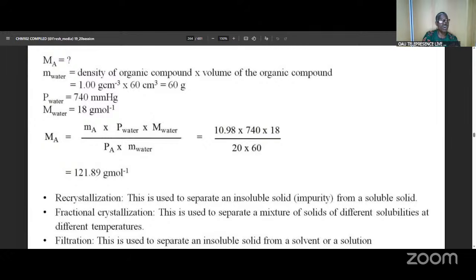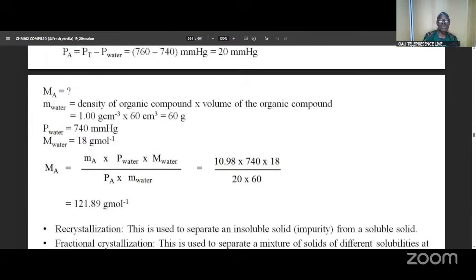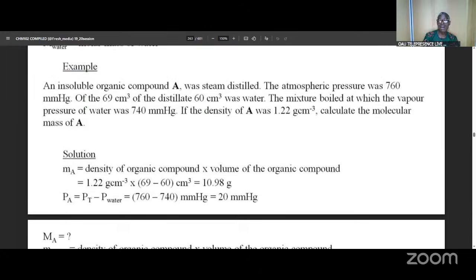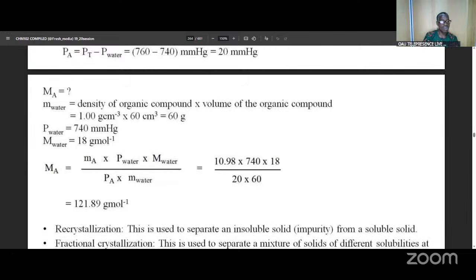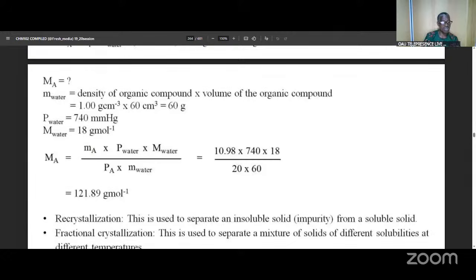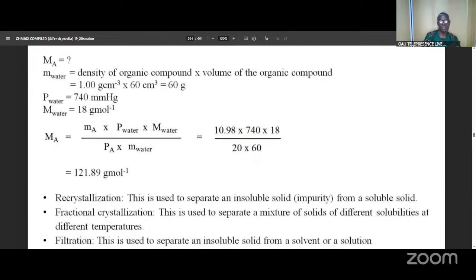So if you substitute all this, making the mass of organic compound A the subject of the formula, we arrive at 121.89 gram per mole. We are asked to calculate the molecular weight, and therefore we have done that. So the molecular mass of our organic compound is 121.89 gram per mole.